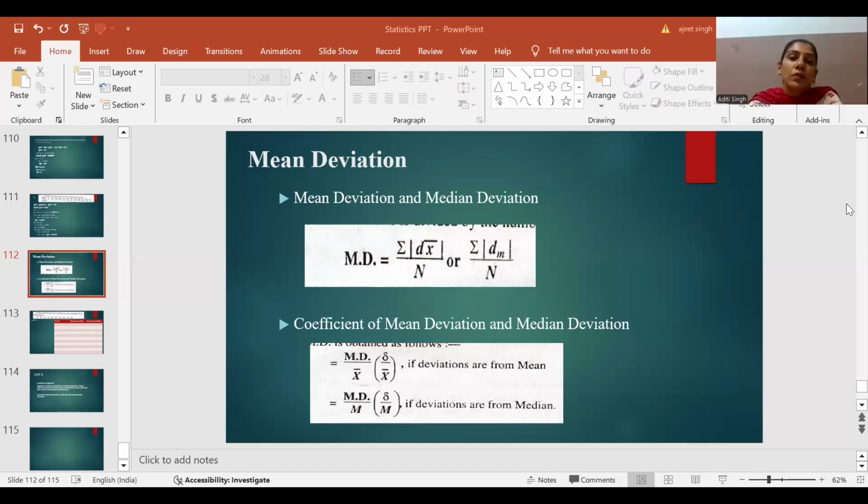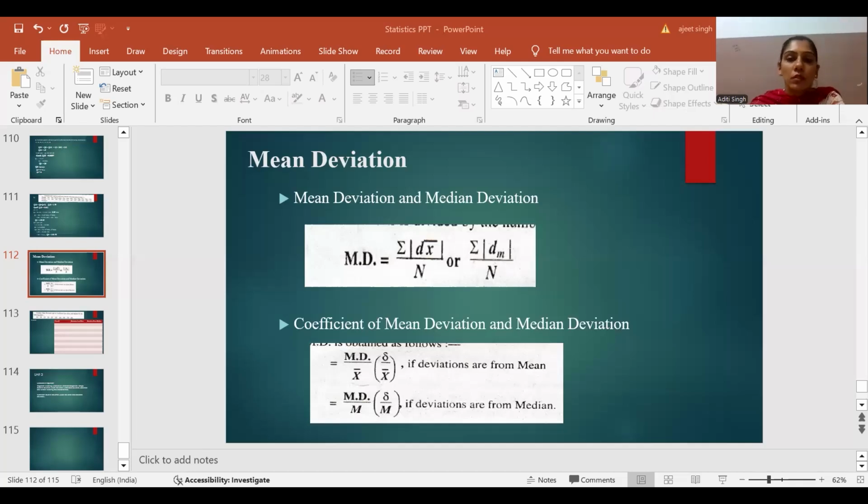Many times the value of mode is uncertain, so while calculating the deviation, mode is not used. Mainly median and mean values are used for calculating the deviation.